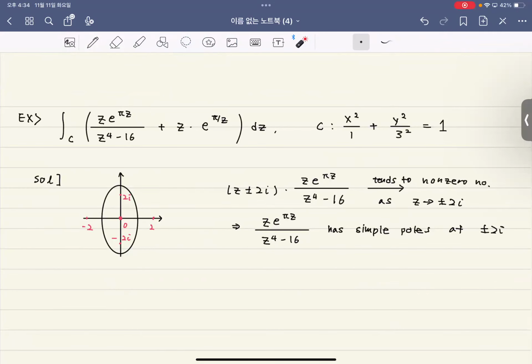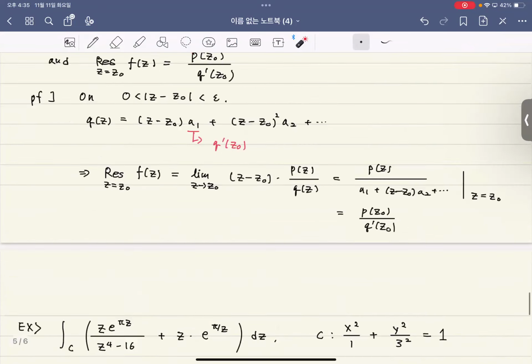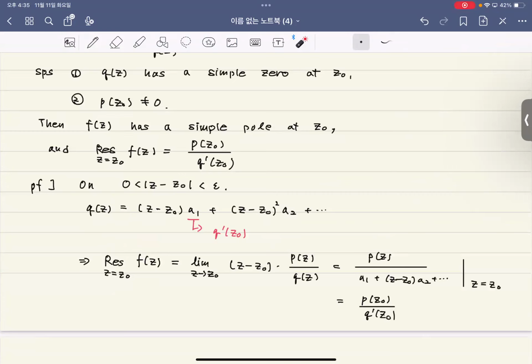This function is defined by a quotient of 2 analytic functions, and the denominator z to the fourth minus 16 is itself an analytic function with a simple zero at plus or minus 2i. So the residue at 2i, according to this proposition, is simply the evaluation of the numerator at this point divided by the evaluation of the derivative of the denominator at this point.